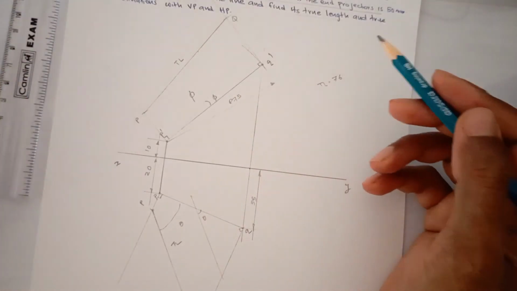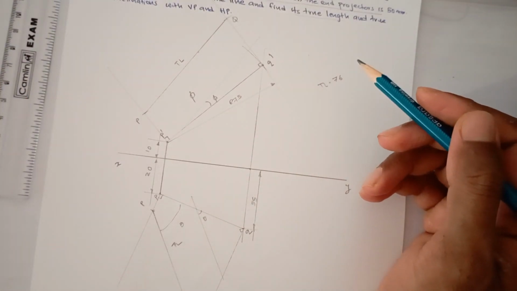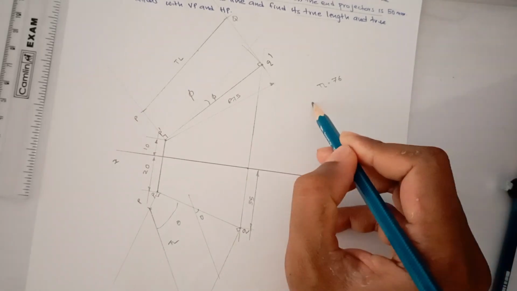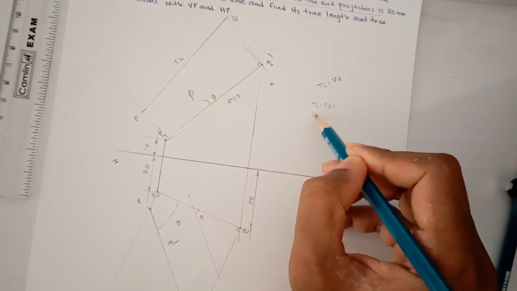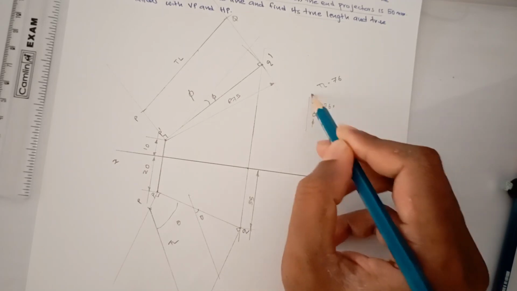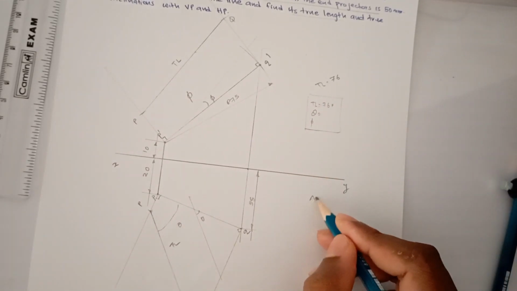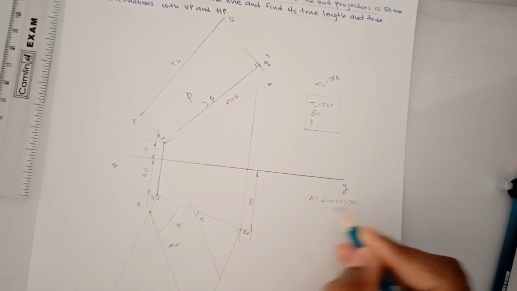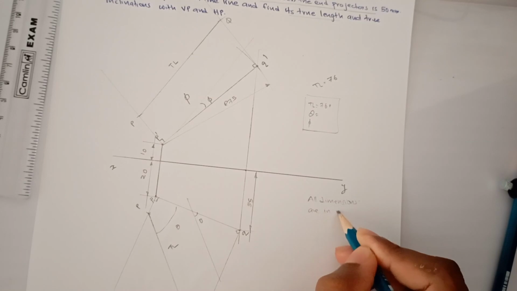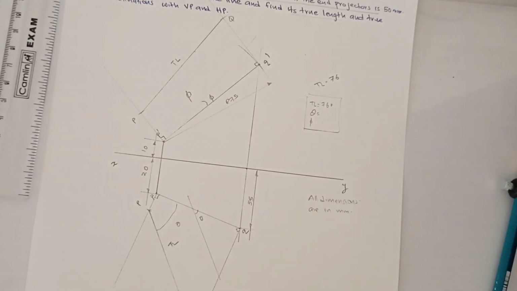Okay, this is the dimension. You need to measure the true length. This is 76, and theta and phi, and put them in a box. Here you need to write all dimensions. Dimensions are in mm. Okay, this is the solution.